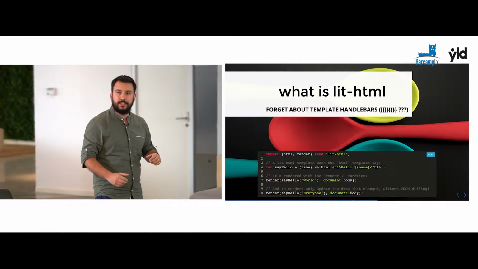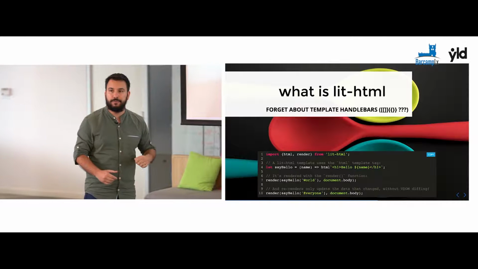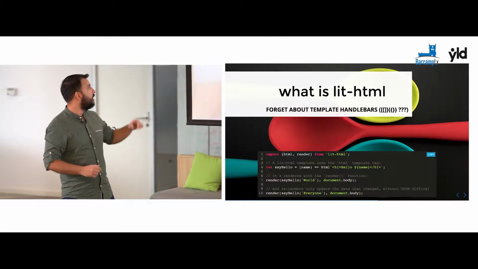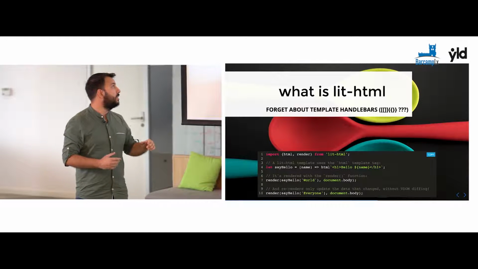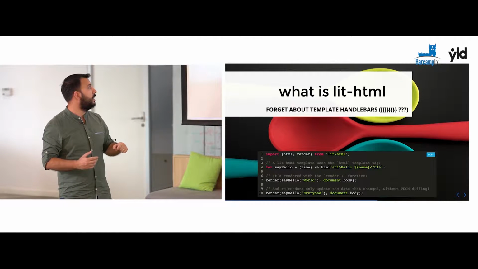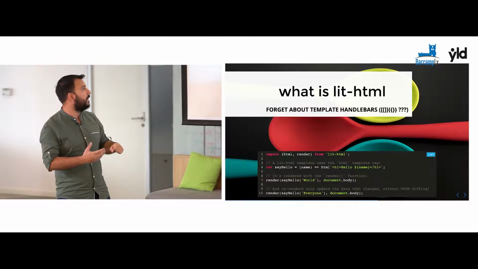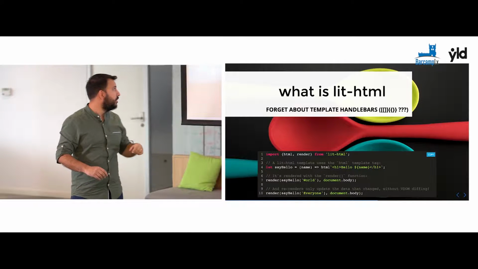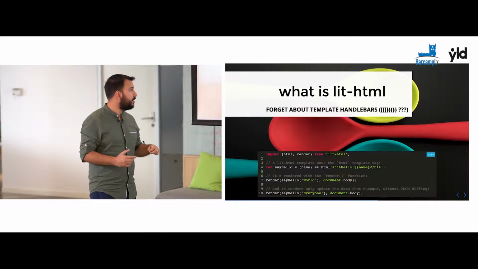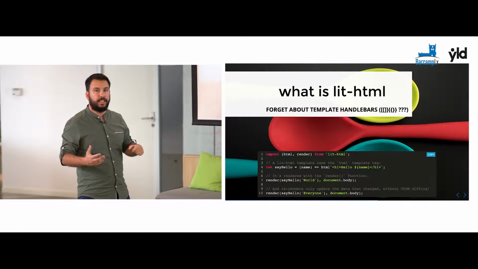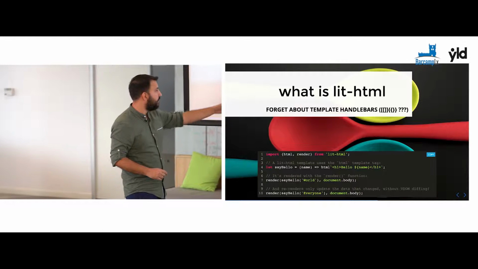And I said the core of it is lit-html. The main difference is that you don't have to deal with handlebars. You can use template literal strings, an ES6 feature, like this one.